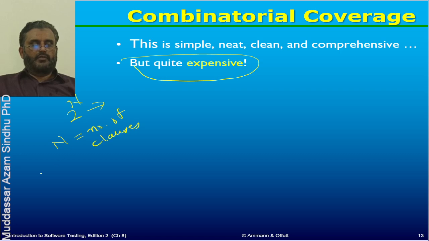This may work for 2, 3 or 4 clauses, but when the number of clauses grows beyond 4 or 5, it becomes quite cumbersome to keep track of these rows in the truth table and work out the value the predicate gets for each possible combination of these clauses.